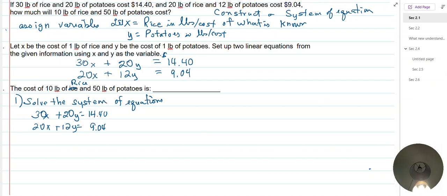All right, so we have 20 and 30, and they all share a 10. So we're going to make it 60. And so we're going to multiply the first one by 2 and the second one by -3, so we can cancel out the x's.